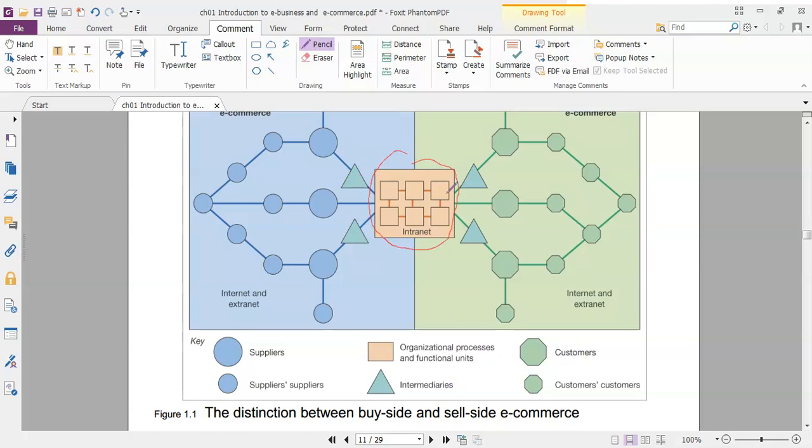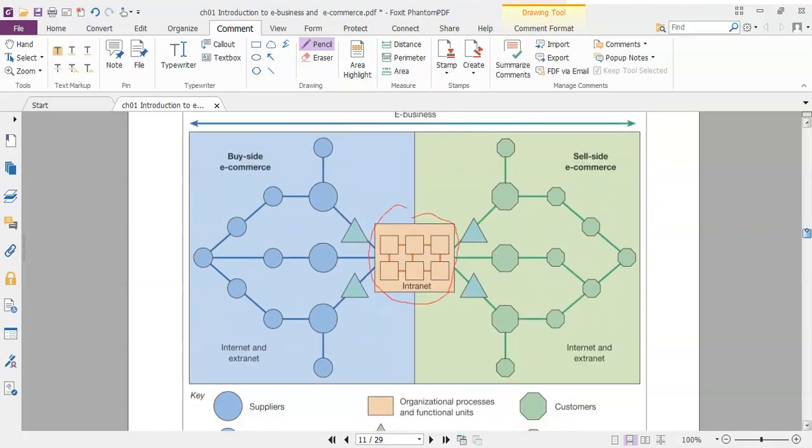Then go to the customers, the hexagon. The small hexagon is the customers, another customers.